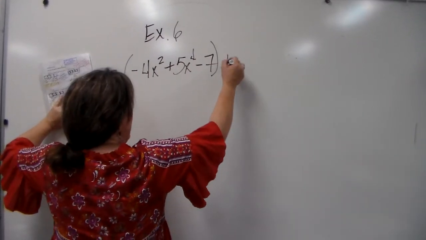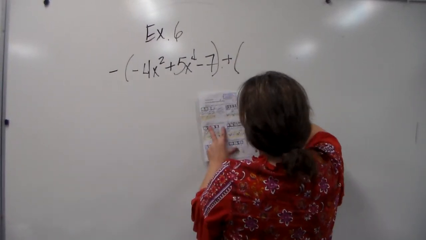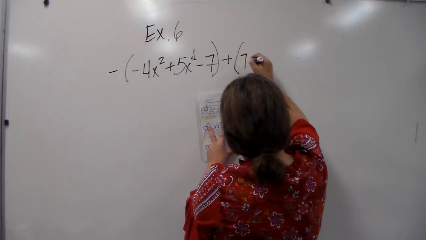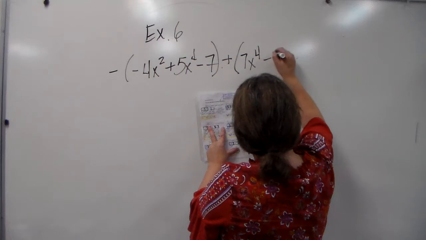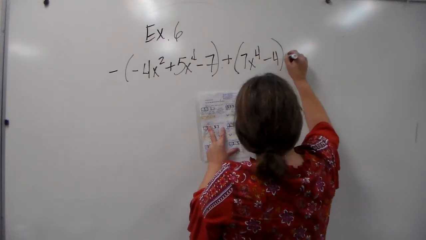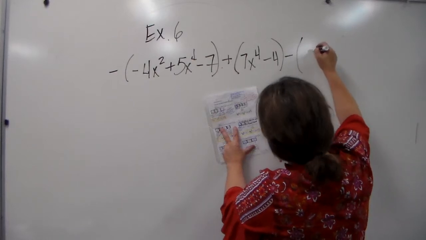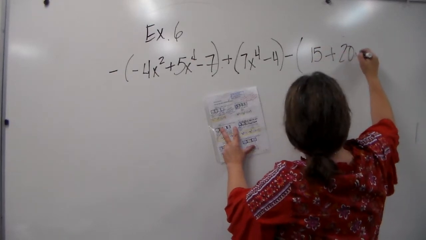Then we have an add sign before our next set of parentheses. And inside those parentheses we have 7x to the 4th minus 4. Then we have another subtract in another set of parentheses where we have 15 plus 20x squared.